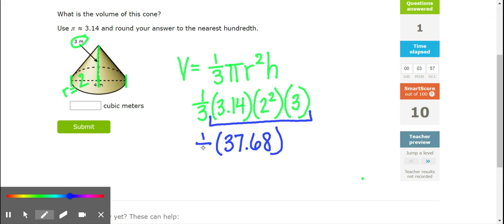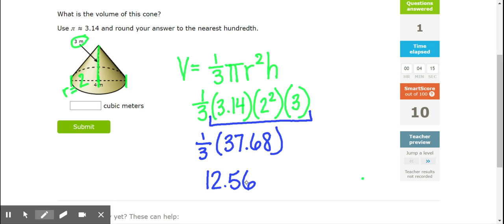Now I need to multiply that value by 1/3, or we know you can divide it by 3. So I'm typing in my calculator 37.68 divided by 3, and I get 12.56. I do not have to round that, because it's already cut off at 2 decimal places. So the volume of this cone is 12.56 cubic meters.